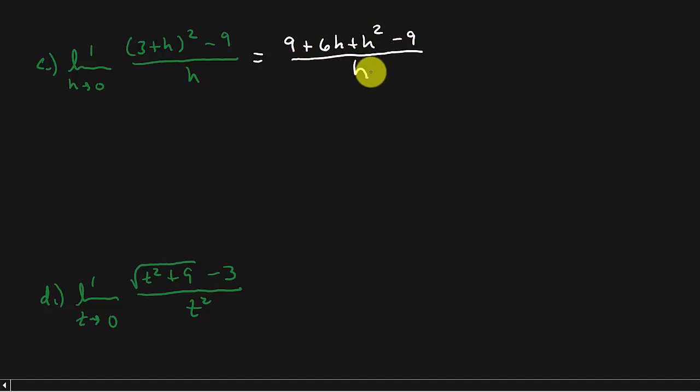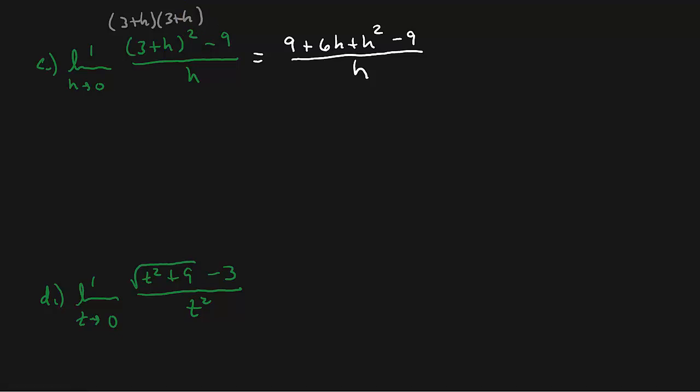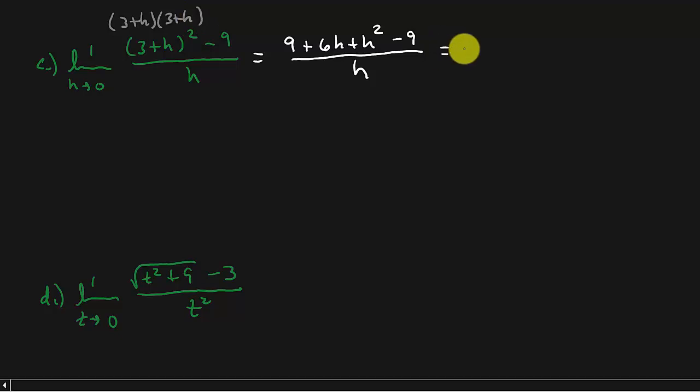Now remember, to get this, that's just 3 plus h times 3 plus h, and then I just fold it out. That's all I did. Now let's see what we get. Well, that's going to be 6h plus h squared over h. The 9's go out. And so, look what I did.